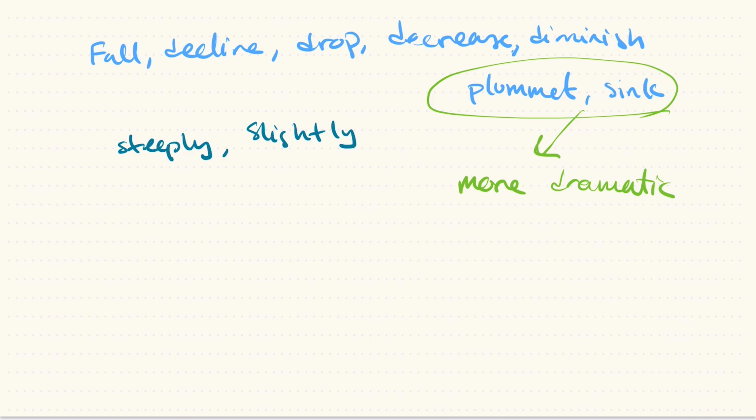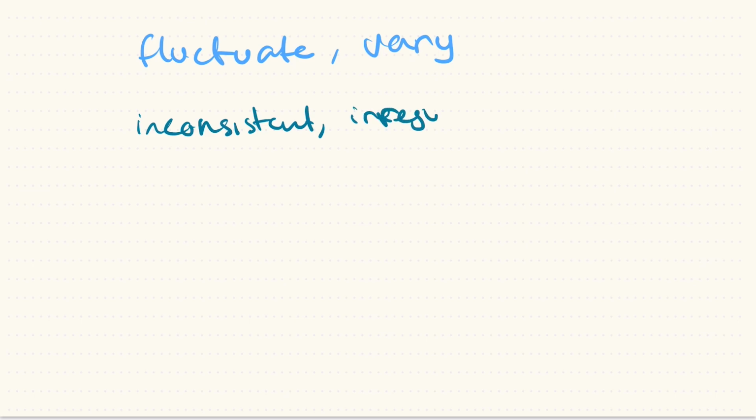And also we talked about fluctuation. Similarly, there are different types of fluctuations that you want to describe. Mainly, you want to say something fluctuates or varies between two values, and the adjectives that you can use, you can say it's inconsistent, or it's irregular, meaning that it doesn't have a typical pattern, or it's volatile.